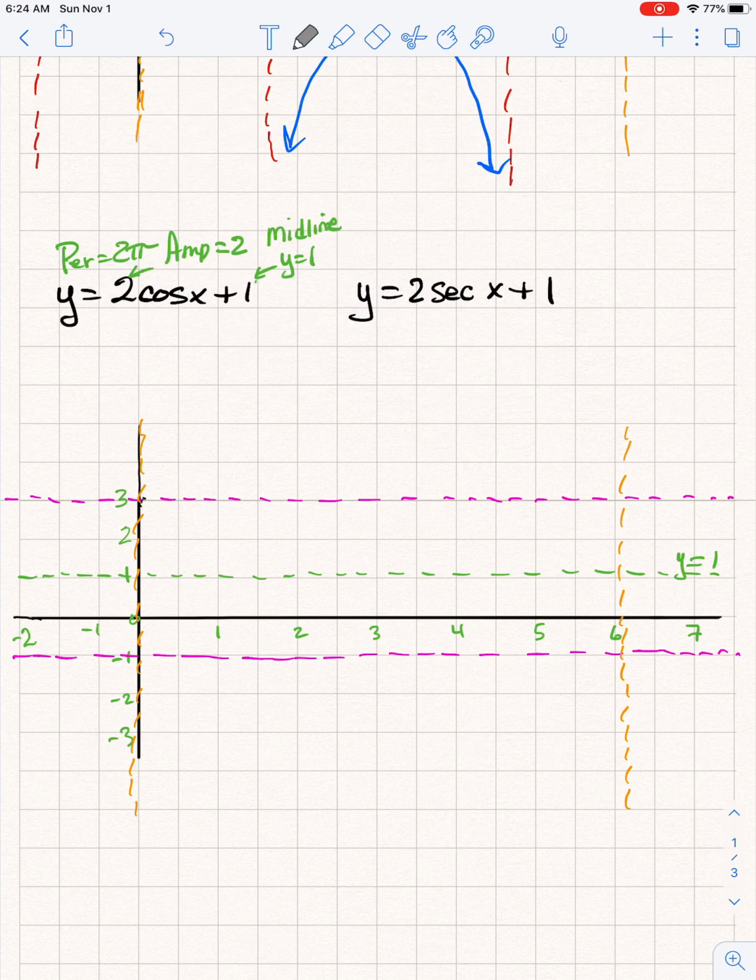All right, so we know at 0, we always go up. In this case, we're going up 2. Same at the 6.28. Halfway in between, which is our 3.14, we're going to drop down. At the 1.57, we should have a 0, but remember it's on the midline this time, and at the 4.71, also on the midline.